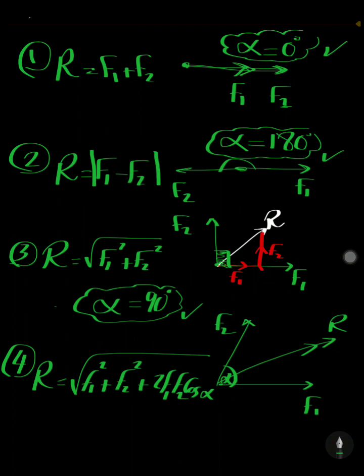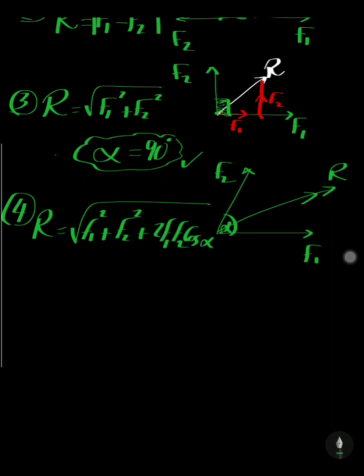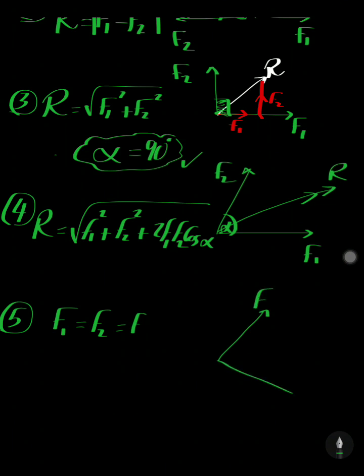Another case, if the two forces are equal, if F1 equal F2, then we give them the same symbol, like F. If the two forces are equal, F1 equal F2 equal F, then the body will move in the middle of the two forces.